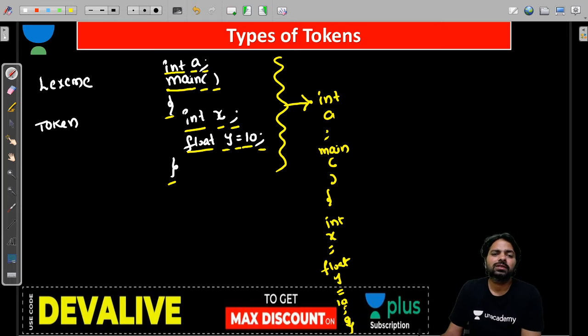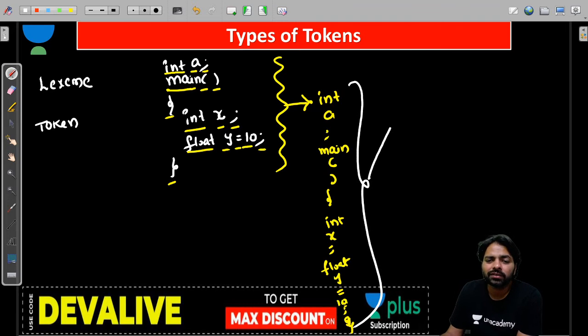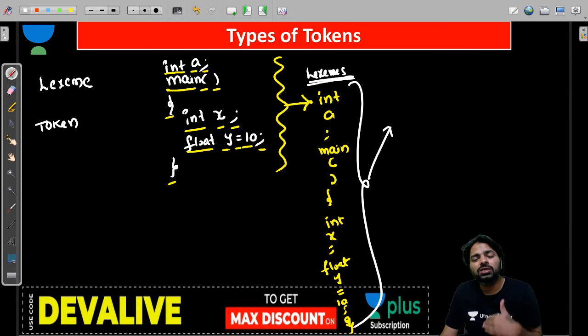Now if you look at that, here we have so many types of tokens. These are called lexemes. The token could be any other name internal to the compiler. Lexeme is what you write, token is what the compiler understands. Your program is divided into lexemes, but each lexeme will have a corresponding token.